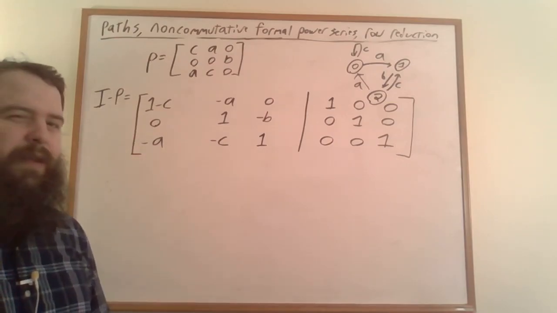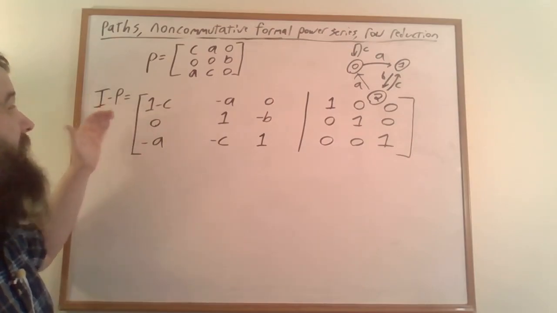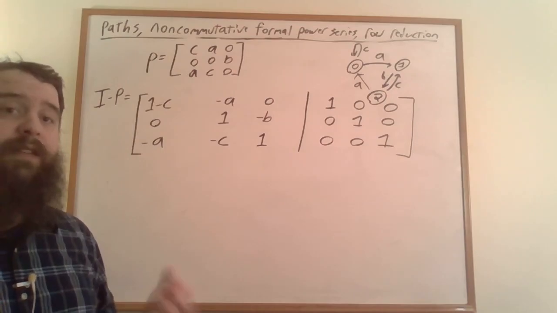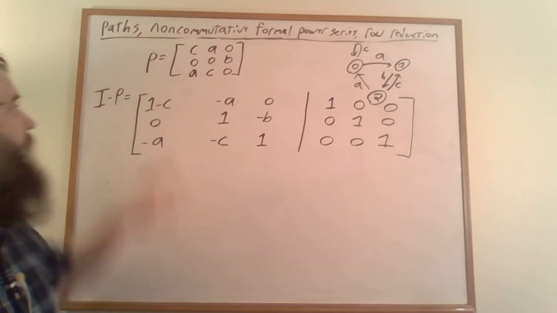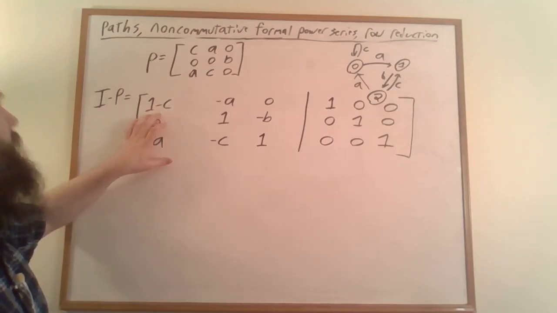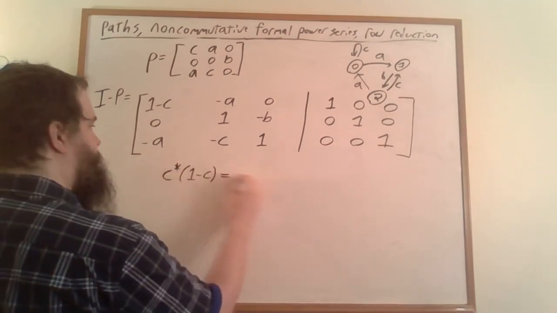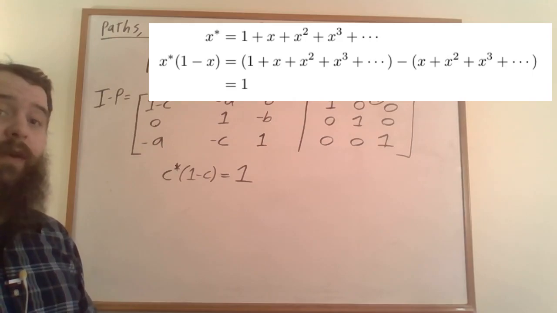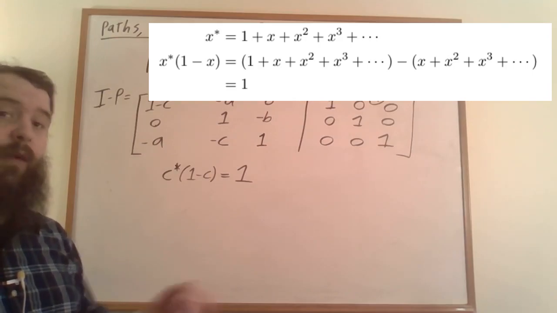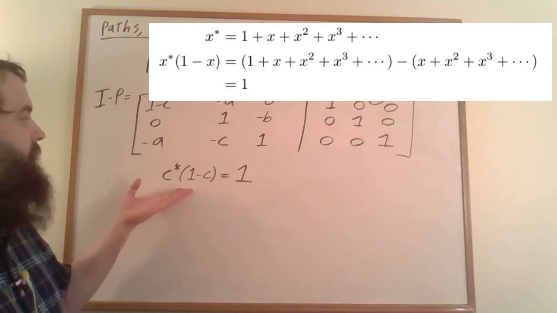So the thing that we'd like to multiply row 1 by is a over 1 minus c. In general, in this algebra, we need to be a little bit careful with division, but we actually know a multiplicative inverse to 1 minus c, and that's c star. For any term in our algebra, x star is going to be the inverse on the left or the right of 1 minus x, and that applies in this case as well.